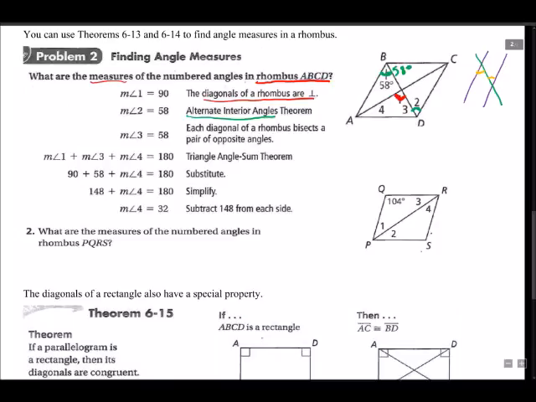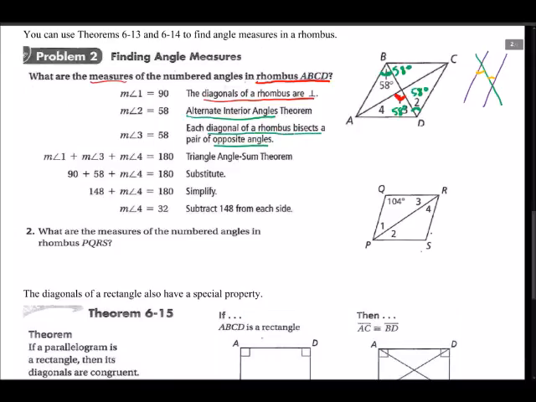So we know that angle 2 is 58 degrees by alternate interior angles, and we're also going to know that angle 3 is 58 degrees because the diagonals of a rhombus bisect the opposite angles.